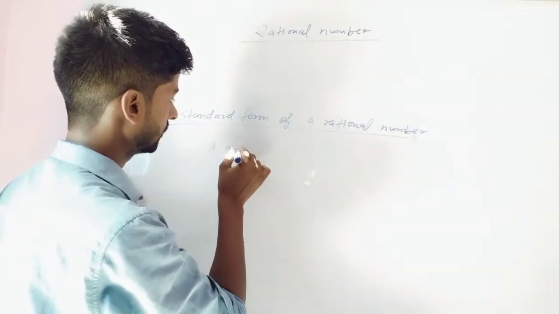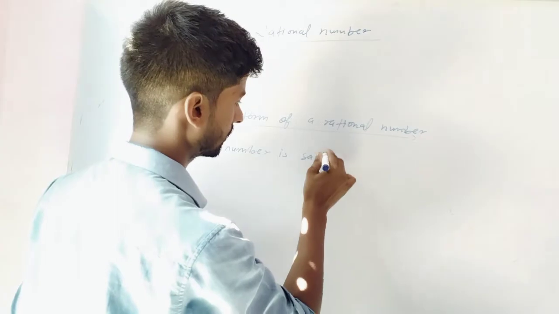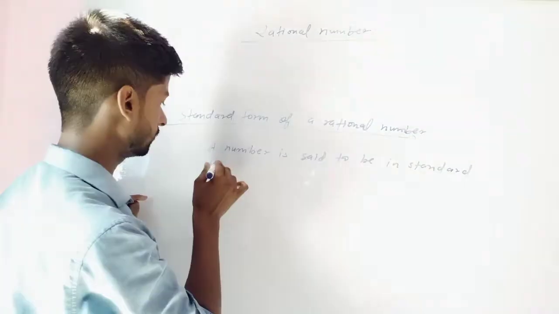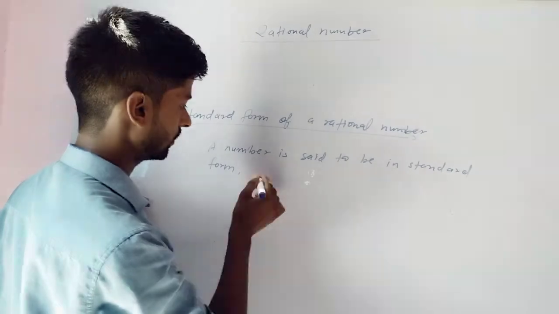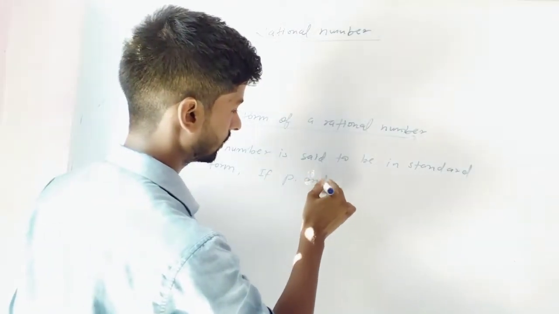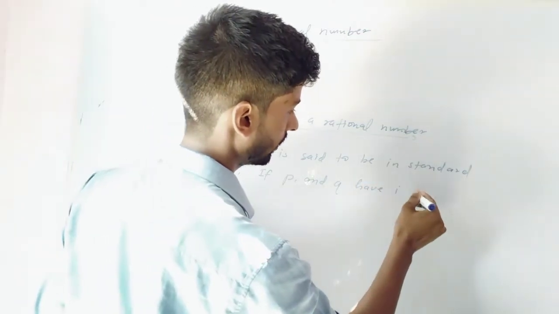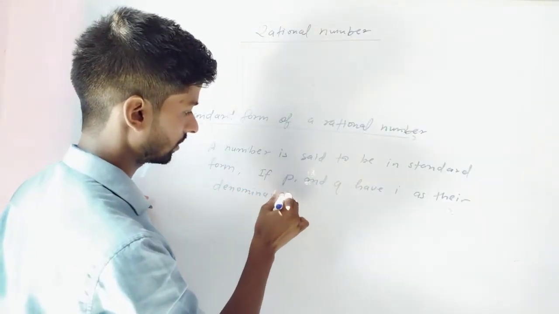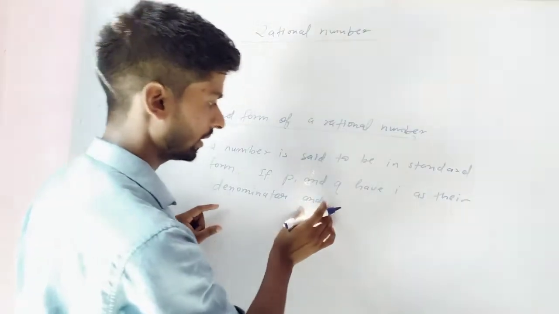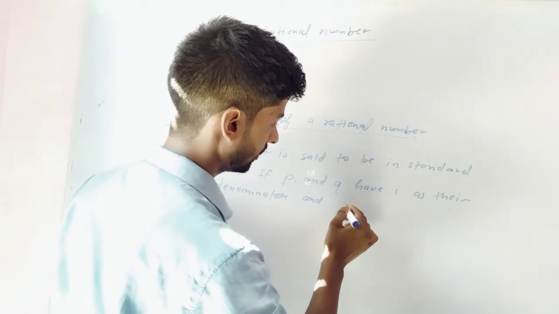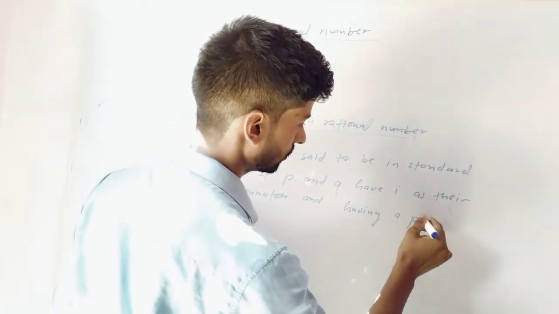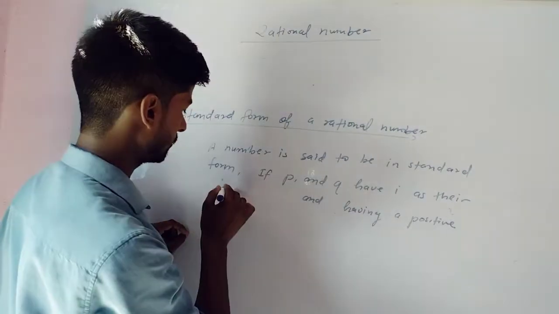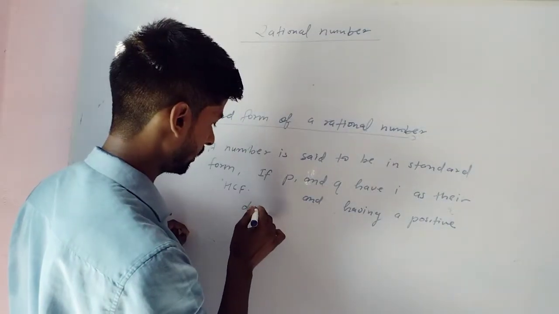A number is said to be in standard form if p and q have 1 as their HCF and it has a positive denominator.